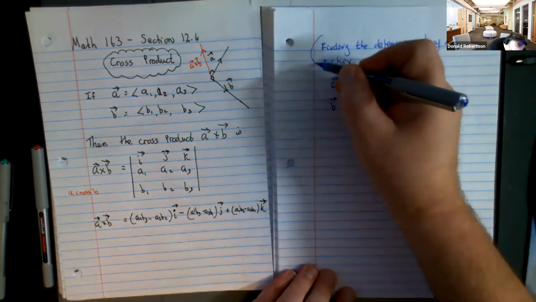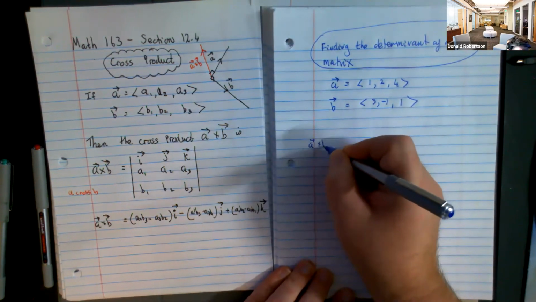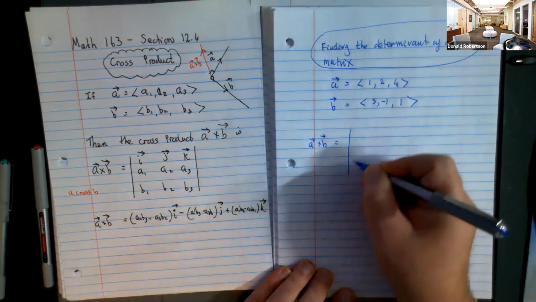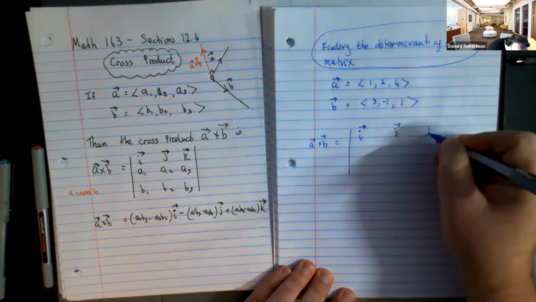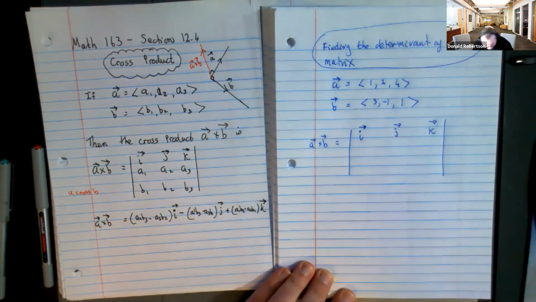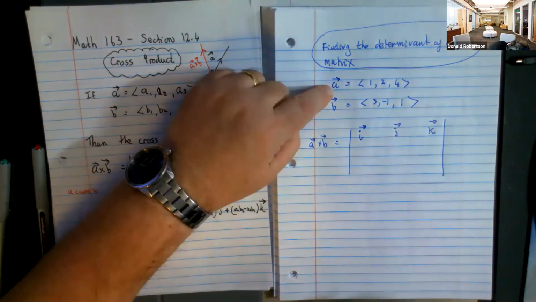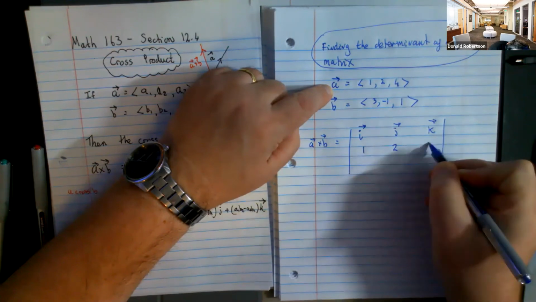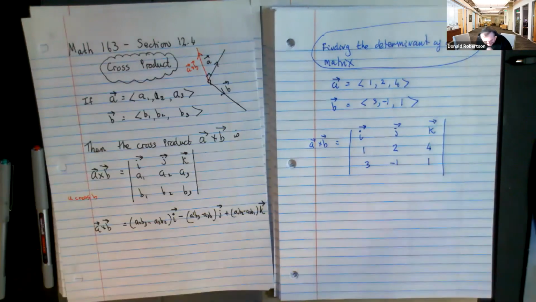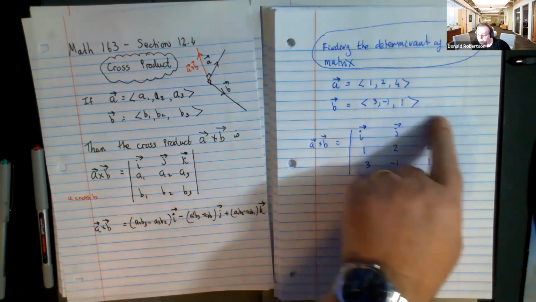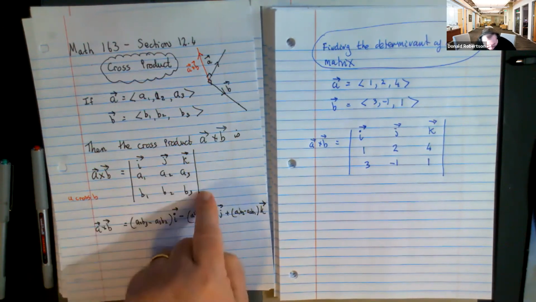Well, I use this fella. So this is how you set it up. You put an I here, put a j here, and you put a k here. So your first row is always going to be I, j, k. The second row is going to have the components of A, and the third row is going to have the components of B. Are we happy about how you set up this table? Right, pretty straightforward, right? A's go in the middle, B goes in the bottom.